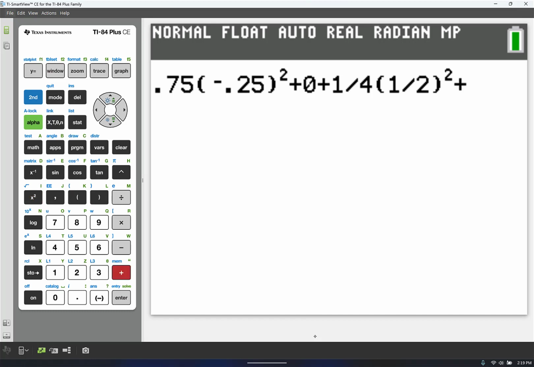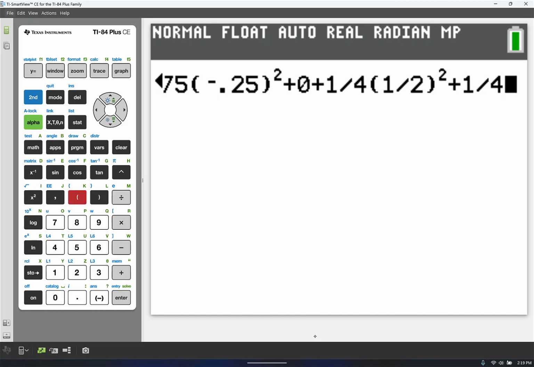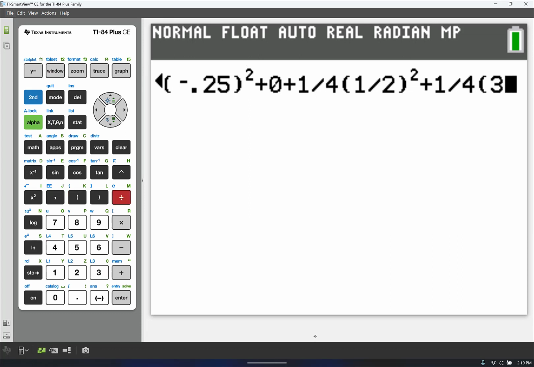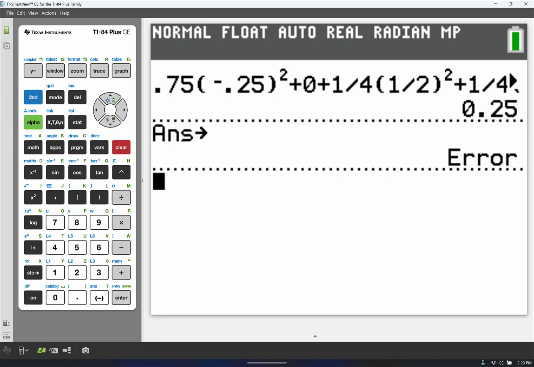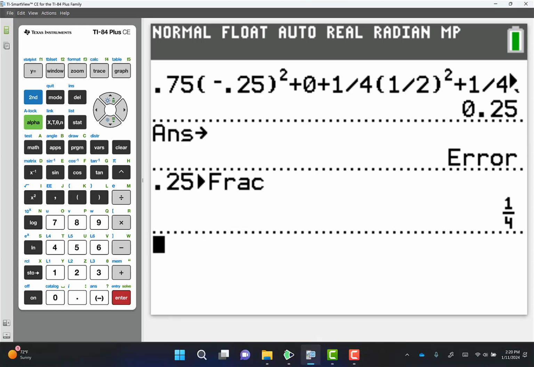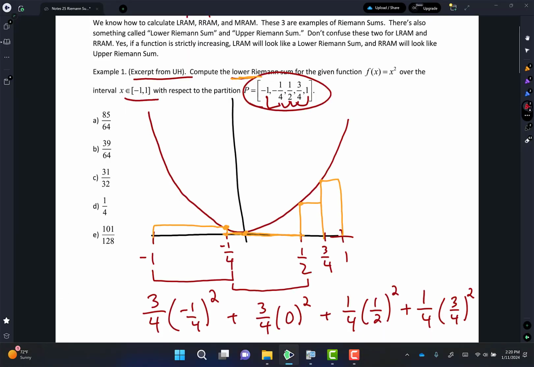Plus 1/4 times 3/4 squared. Push enter, and I got 0.25. Math fraction, enter. I know you guys know that is 1/4. And I come here and I circle the 1/4.